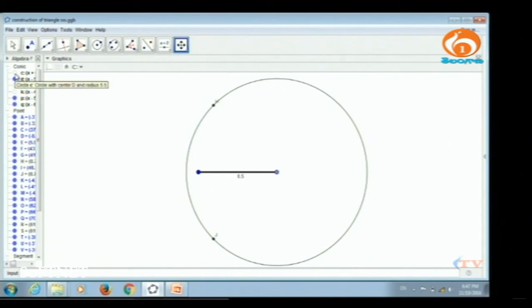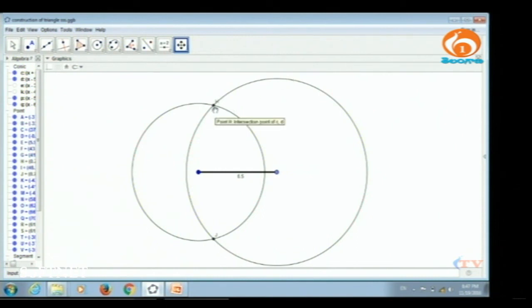Now, see. Therefore, point A is on this circle and this circle. Therefore, the point which is on both of the circles is here. Are you observing, children? Not only this point, we have another point also.